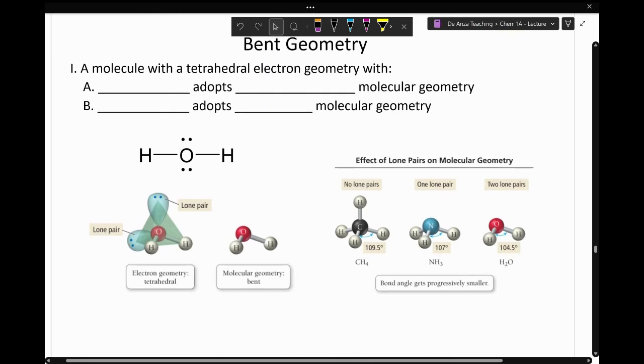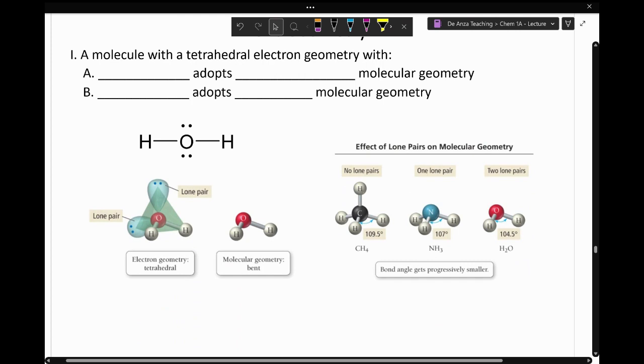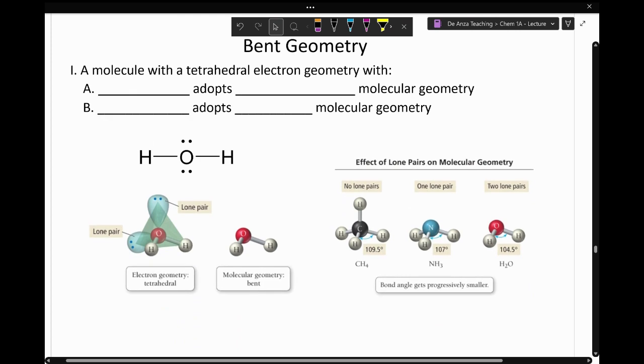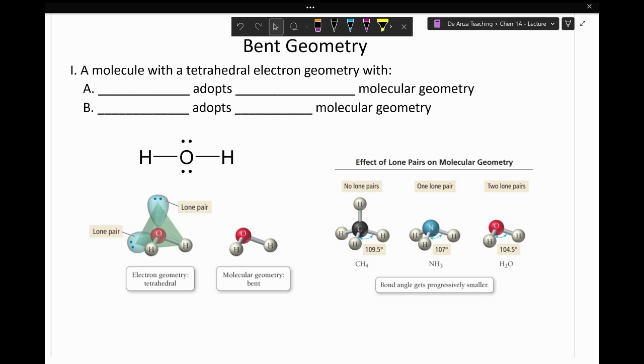And so there's one more form of a different geometry when we look at the tetrahedral electron geometry. And so already we've talked about molecules with one lone pair that have 4 electron groups adopt the trigonal pyramidal geometry that we saw with NH3.